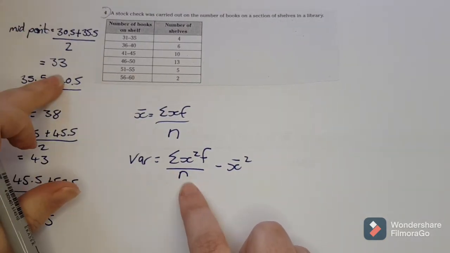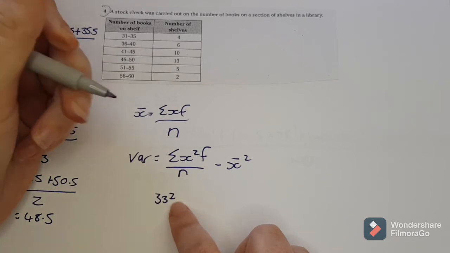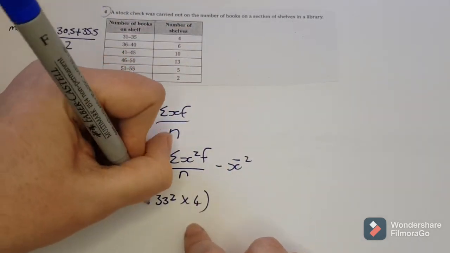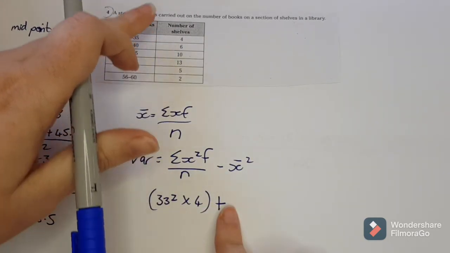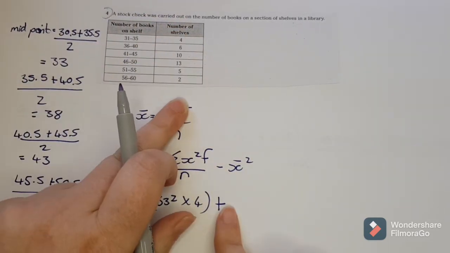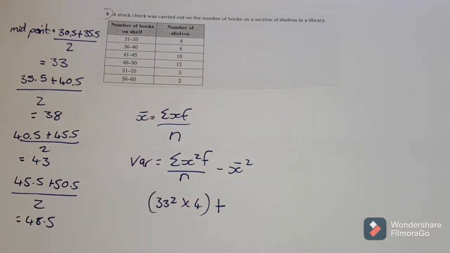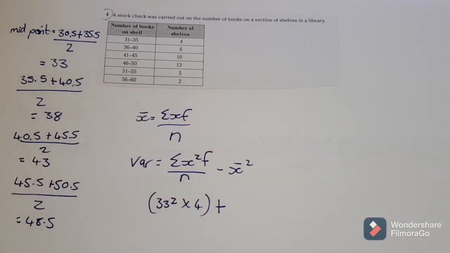So now each of those midpoints gets squared before timesing it by its frequency and adding it to the next one. And the n is still the total in the table, and the mean we're going to work out before that. Okay, so you always do the same thing for mean and variance when you have individual values, or if you have grouped frequency information, just remember the difference in the formulas.